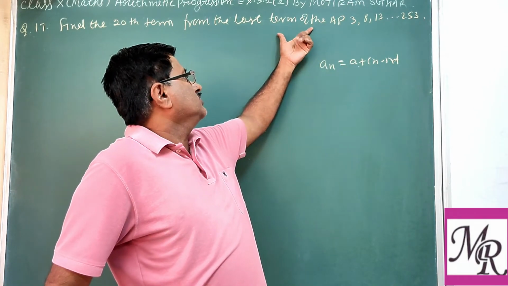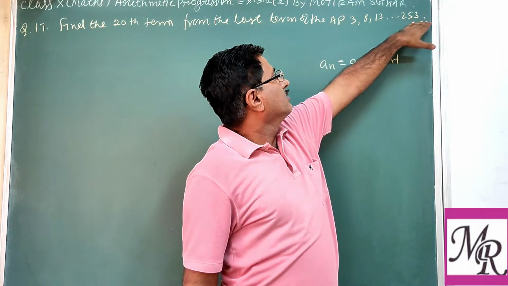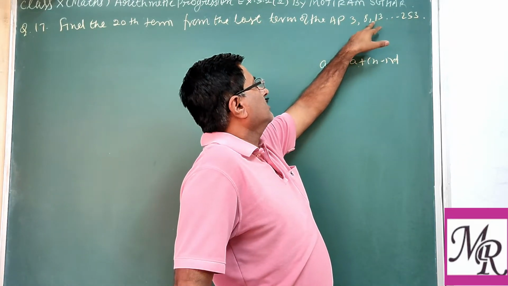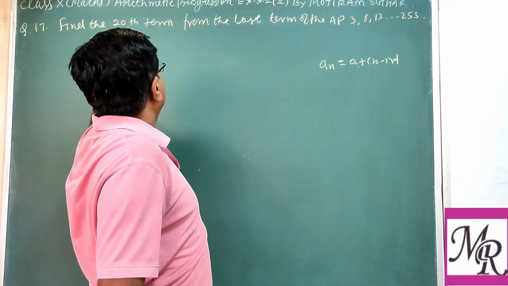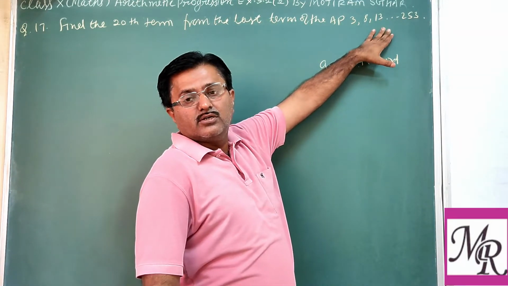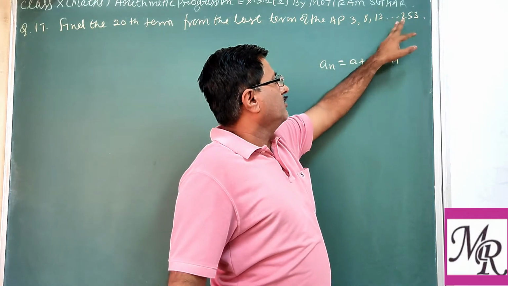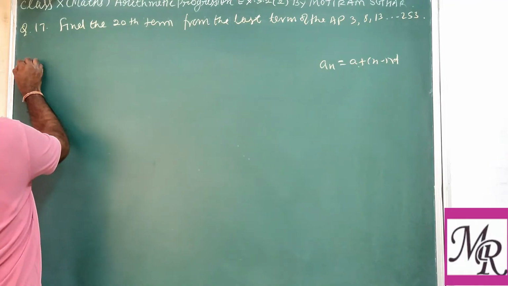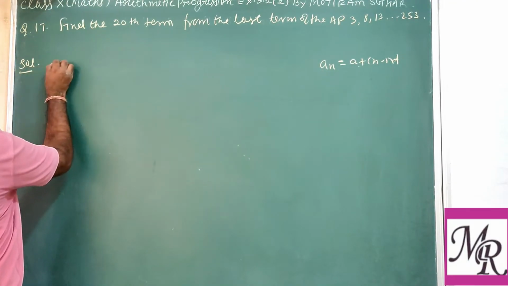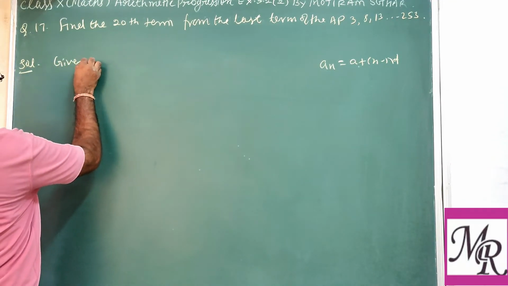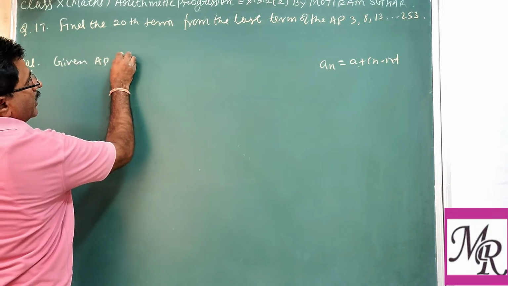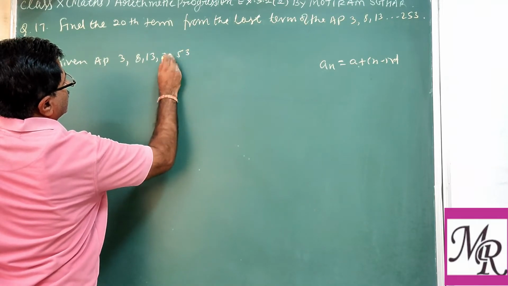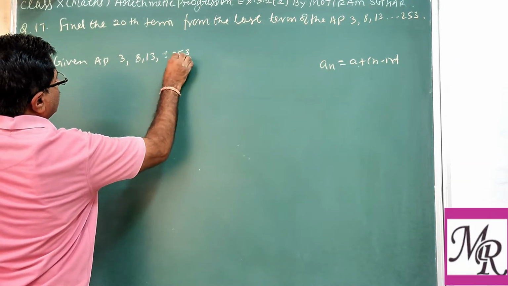But now you have to find the term from the last term. We count the last term as first, second, third and so on. So for the 20th term from the last, we can take the converse of this AP. In the solution, the given AP is 3, 8, 13 up to 253, and this is the last term.